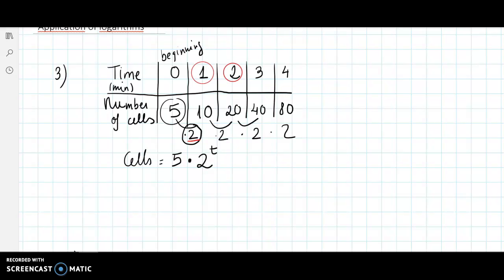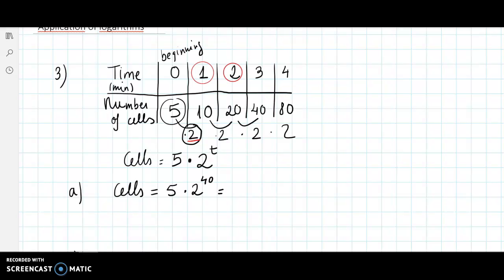To answer the first question, determine the number of cells after 40 minutes, we have to substitute the t for the number 40. So the cells will be equal to 5 times 2 to the power of 40.